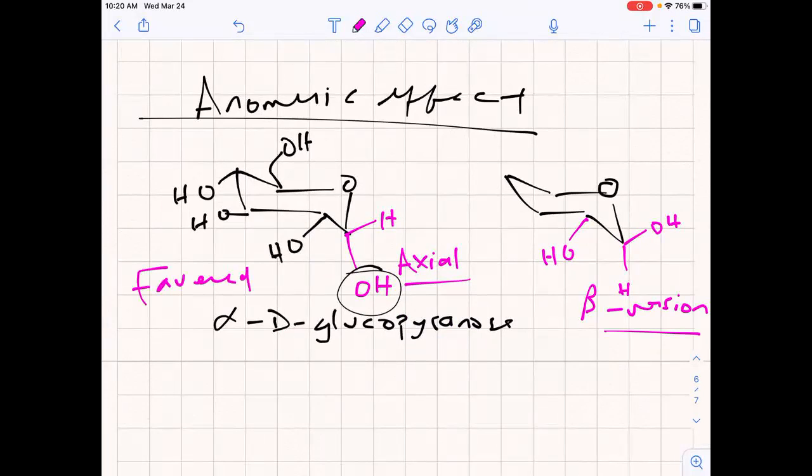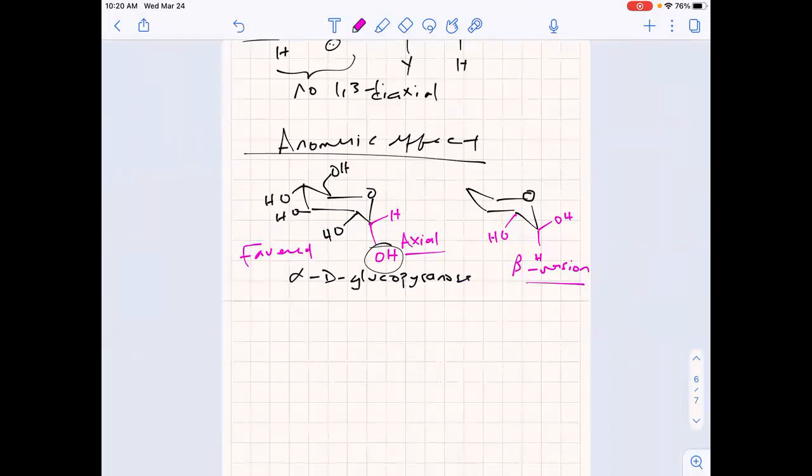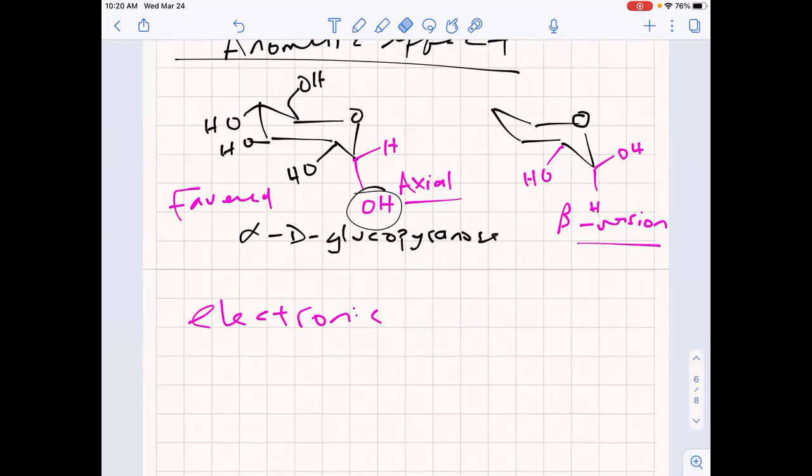And that hydroxyl being axial and being favored, it's an electronic effect known as the anomeric effect. And again, most of your interactions are going to be either steric or electronic. So this is an electronic effect, what we call the anomeric effect.